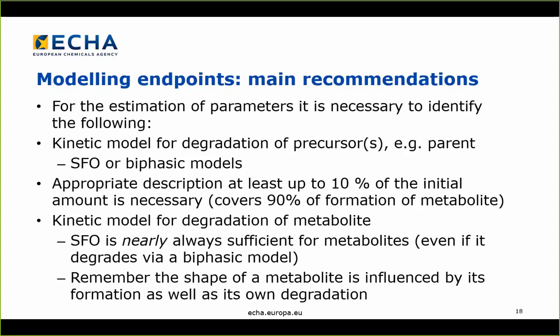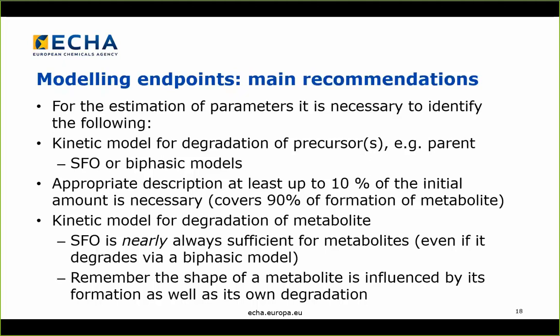Okay. And then you also need to make that decision on the appropriate kinetic model for the degradation of the metabolite. Luckily, single first order is nearly always sufficient for metabolites, even if the substance actually degrades via a biphasic kinetic model.